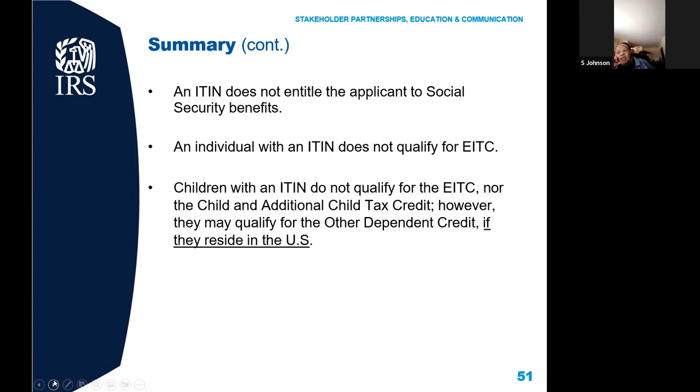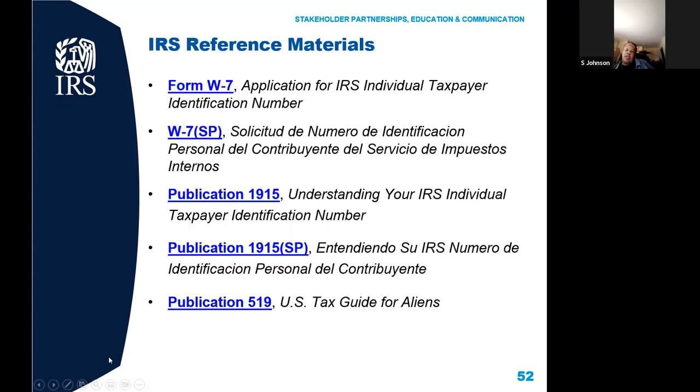However, they may qualify for the other dependent credit if they reside in the United States. And here inside this PowerPoint, the items are interactive. If you click on those items, it will take you directly to the information.